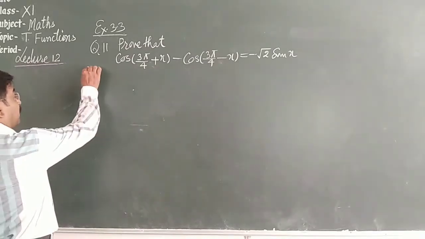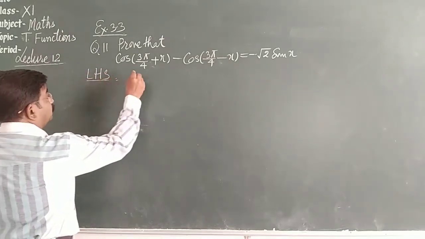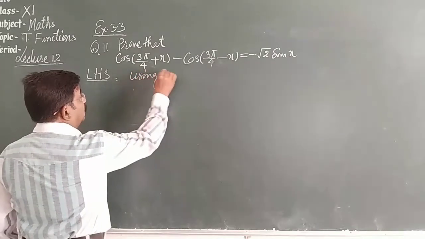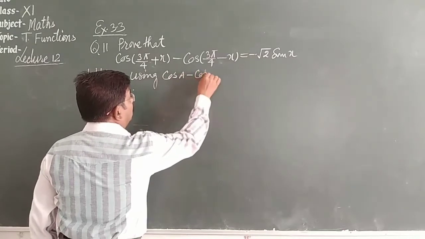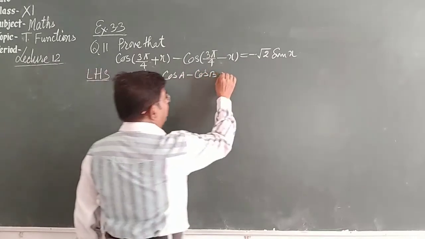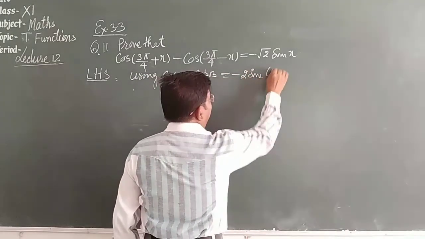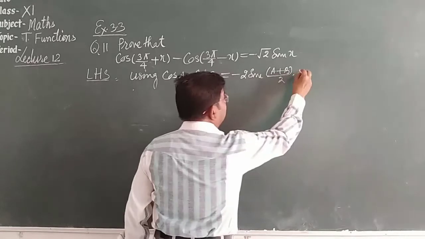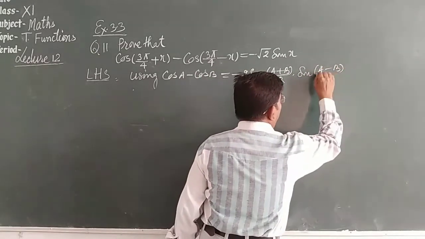So I am taking left hand side, using cos a minus cos b is equal to minus 2 sin a plus b by 2 sin a minus b by 2.